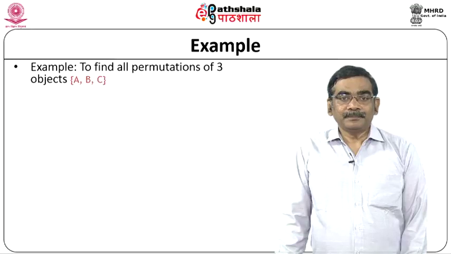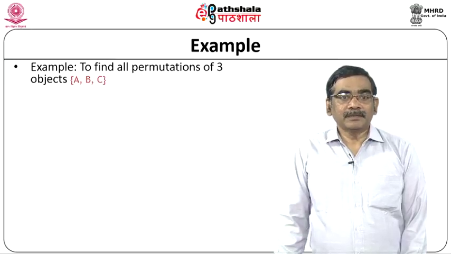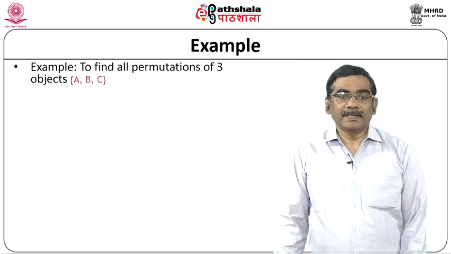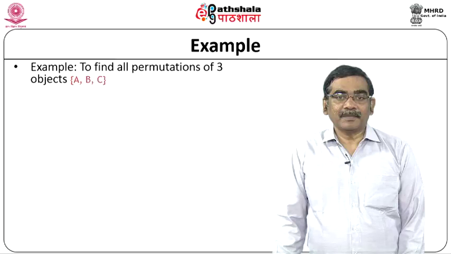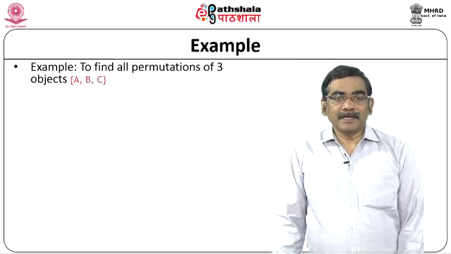For example, let us assume that we want to find the permutations of 3 objects A, B, C. Already we have seen ABC, ACB and so on are all possible permutations that can arise from this. Let us see how this is done using decrease and conquer.